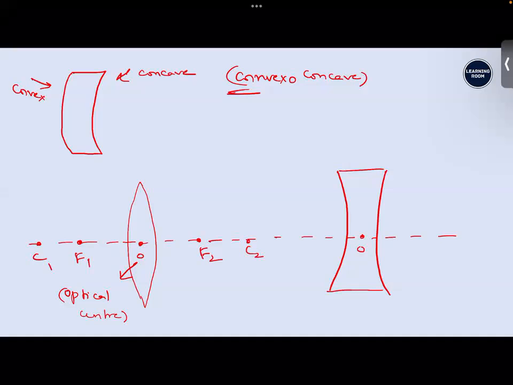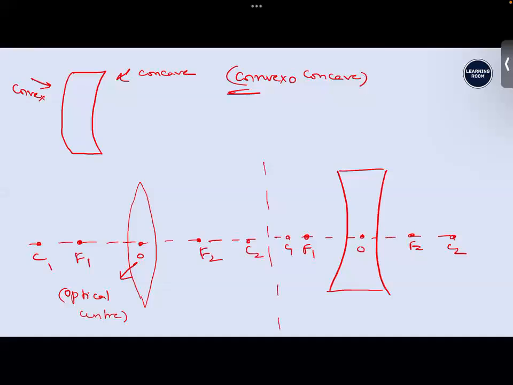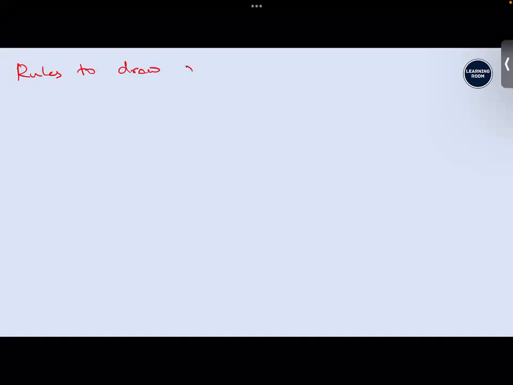So the rules are almost the same. So when you talk about the rules, F1, F2, we'll have C1, C2, something like this, right? This is with respect to a concave mirror. Now, the rules that you need to follow to draw ray diagrams for a lens.